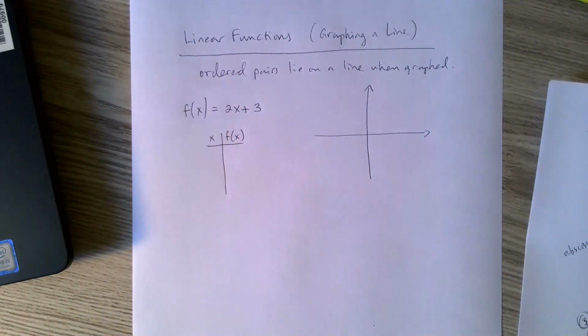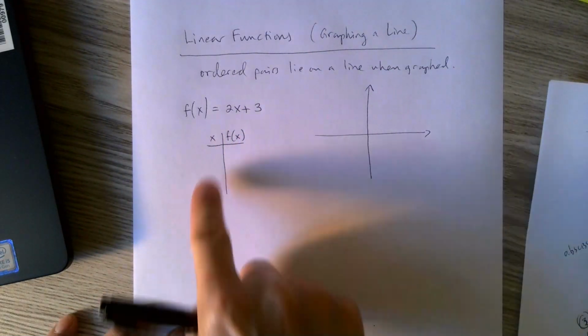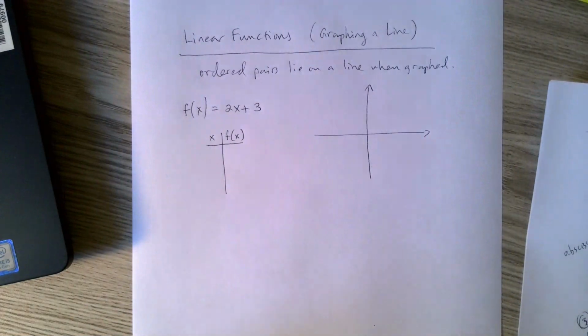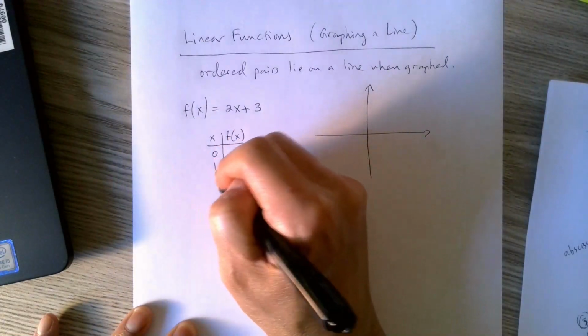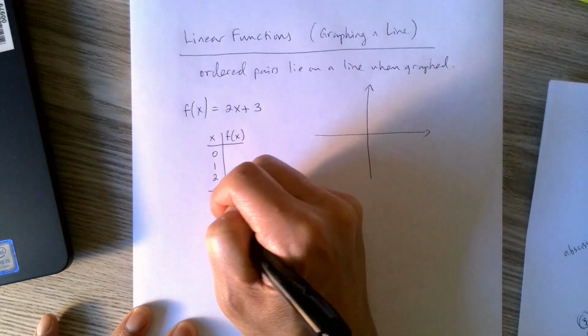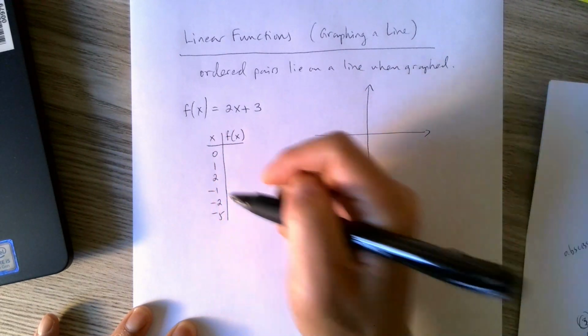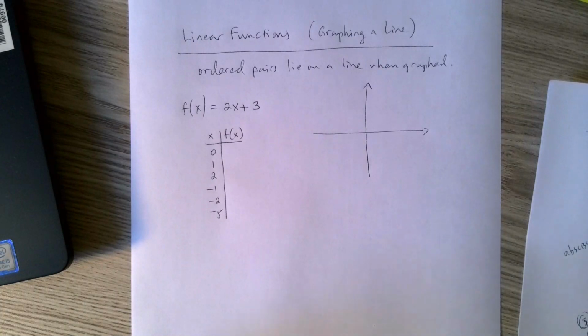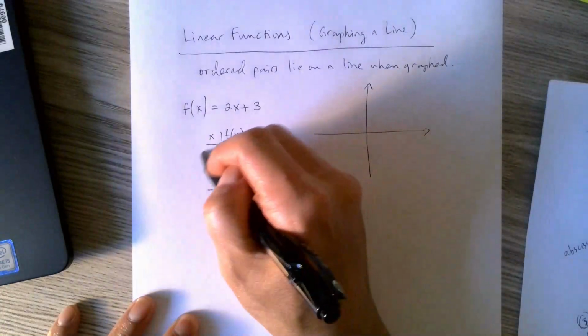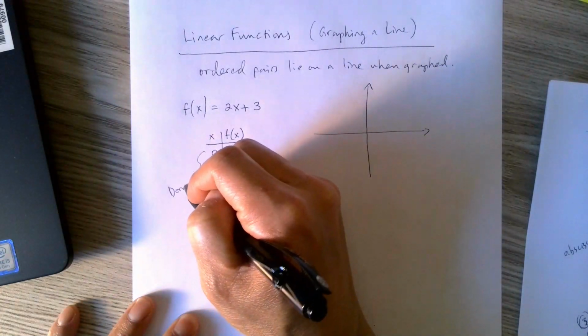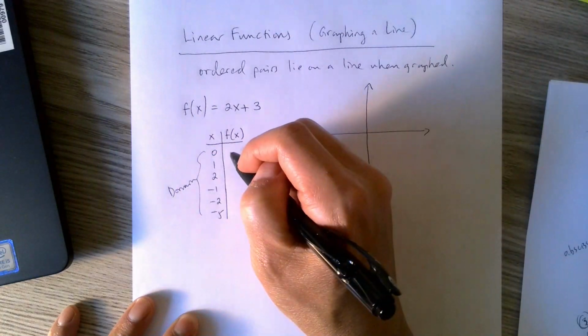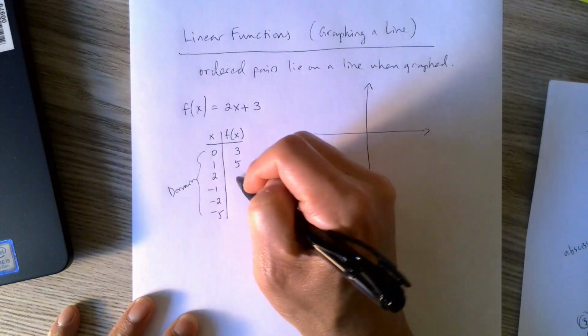So I'm going to make a table here, and I'm going to pick some values for my domain, and plug them in. Remember, this is the domain, and if I plug them in, I get these values.